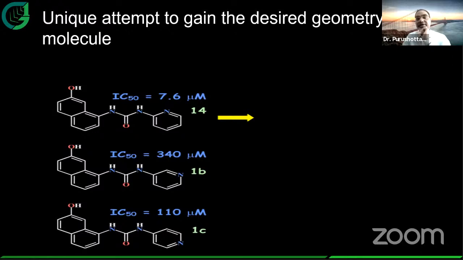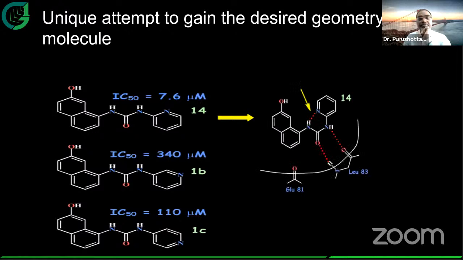Here the internal hydrogen bonding is playing an important role. If you see compound number 14, we know that the compound binds to the protein in a bidentate manner. And now what is happening: the second position nitrogen, if you draw this in a different fashion, this hydrogen bonding is forming a six membered ring.